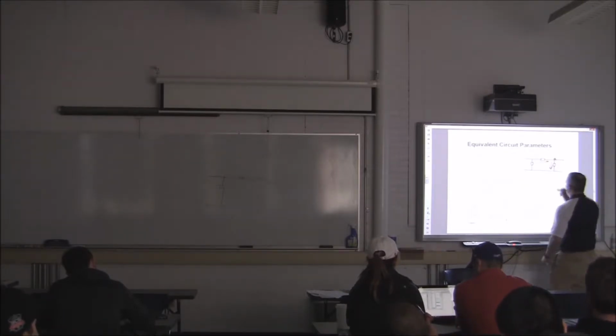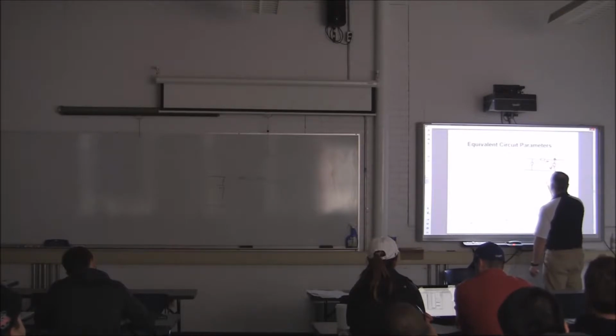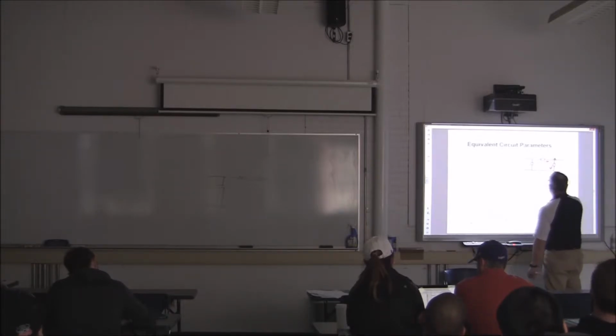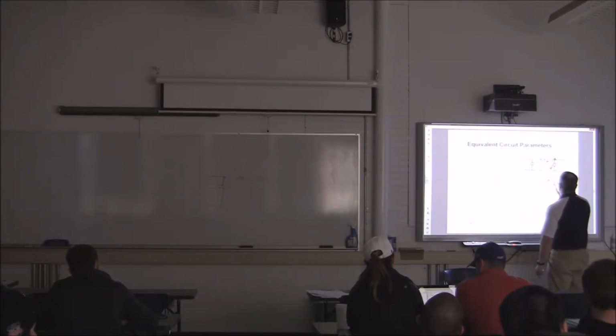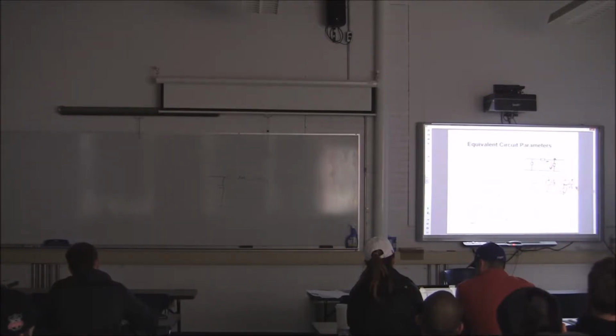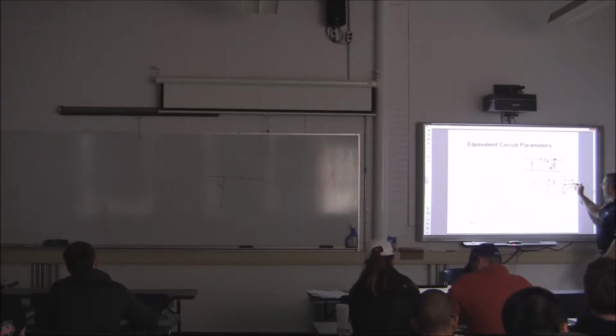But if I redraw my circuit, and then this here is my VR terminal. Do you see it a little easier there? Right, because my receiving end current does not travel through here. That IR goes out in this direction, okay?